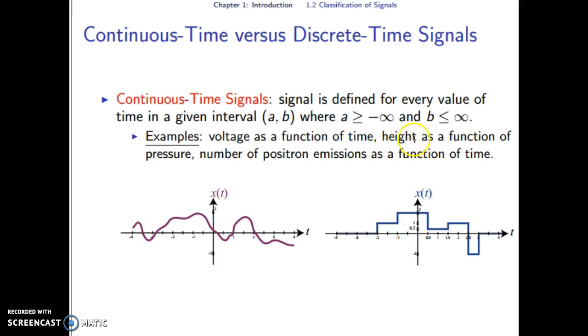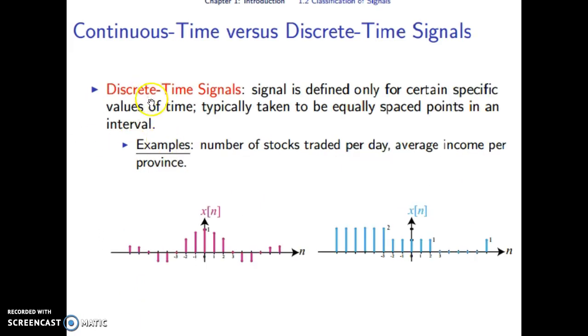Height as a function of pressure, number of position emissions as a function of time, all these are examples of a continuous time signal. Now let us look at the discrete time signal.